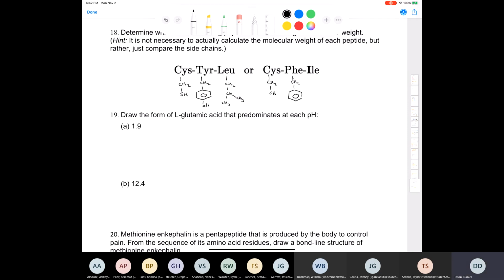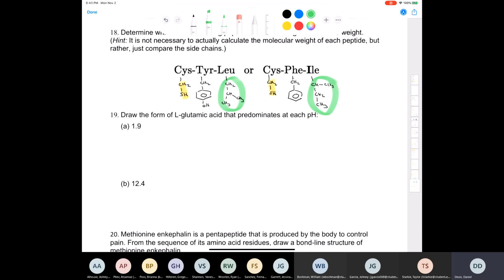And for isoleucine, we have CH3, CH2, CH3. You can see that these two parts are identical. This part and this part aren't identical, but they both have 4 carbons and 9 hydrogens. So those are going to have the same weight.